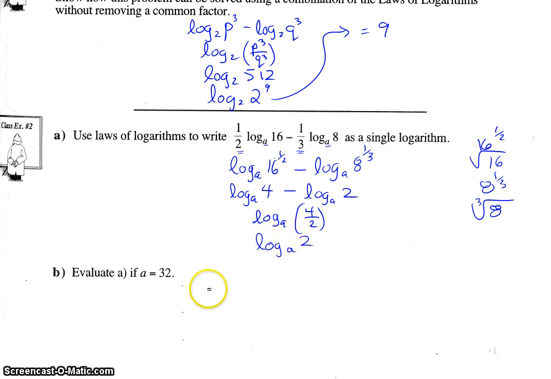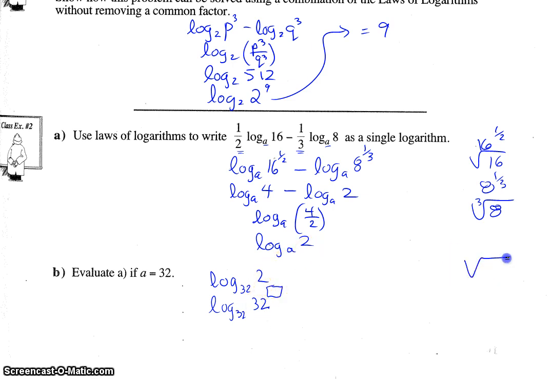Now they want us to evaluate that if A was equal to 32. So let's replace A with 32, and now we need to evaluate that. Now this one is a little bit trickier because we want to get 2 as, ideally, 32 to some exponent, right? It's trickier because we're going from 32 back to 2.